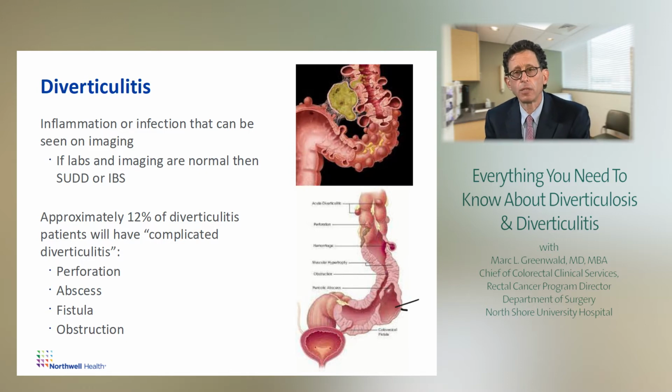A fistula is when there is inflammation or infection that the body tries to contain. A structure right next to the colon will wall off that infection. Very often it is the bladder, because if you remember, I said sigmoid colon is named for the Greek letter sigma, which is the letter S. So this colon sort of flops around.